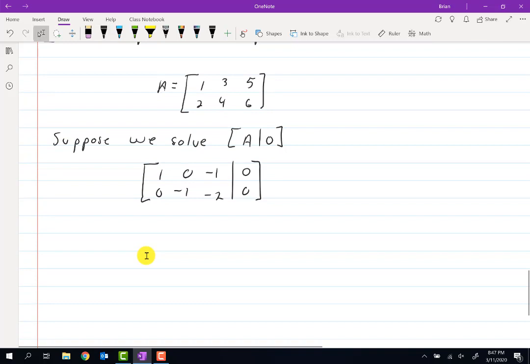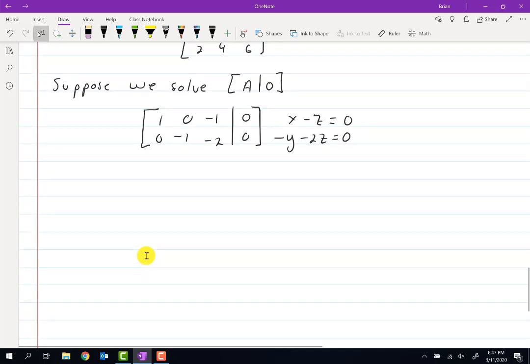Well, if we convert this to equations, what do we have? x would be equal to z, and y would equal negative 2z. So this solves this.